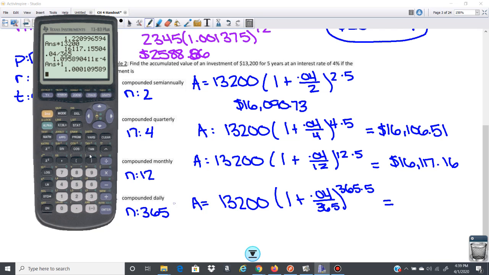Then we're going to raise that to the 365 times 5. Since I don't know what that is, I'm going to put parentheses around 365 times 5, so my calculator knows that's the whole exponent. Then I'm going to multiply that by 13,200. So I'm going to get $16,122.34.